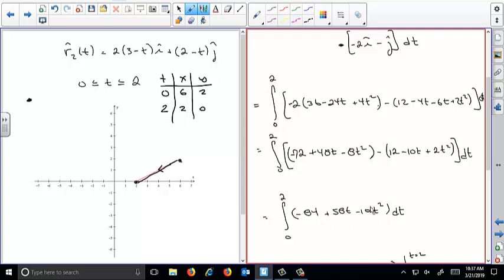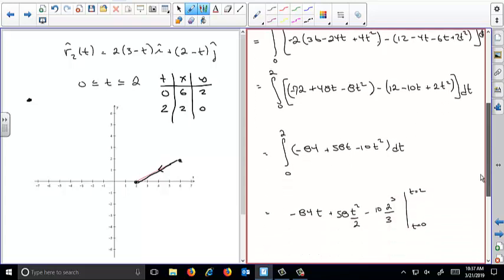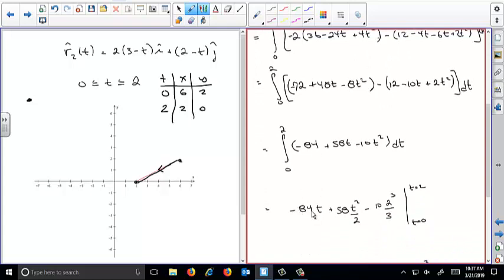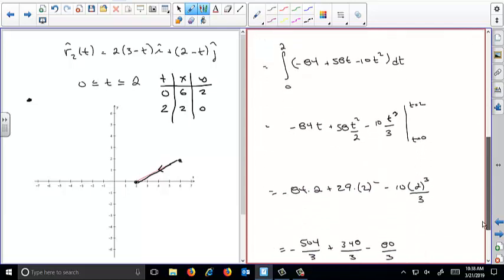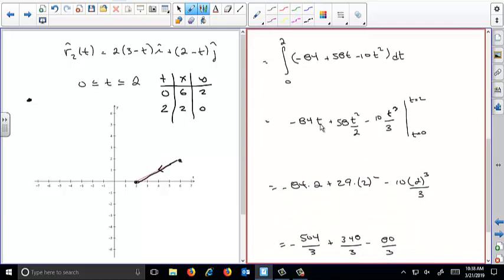So we integrate that. So this becomes t, this becomes t squared over 2, this becomes t cubed over 3. And I don't know why I put a 2 there, so we'll fix that. So it's t cubed over 3. And you evaluate the upper limit, which is 2, and you subtract the lower limit, which is 0 evaluated. So you'll get negative 84 times 2 plus 58 times 2 squared.